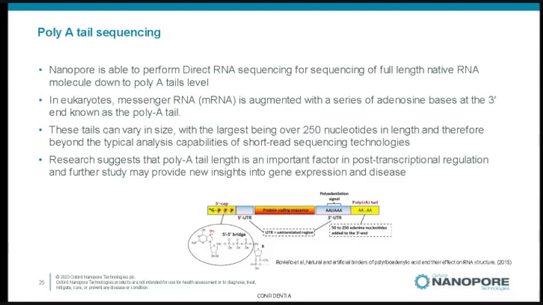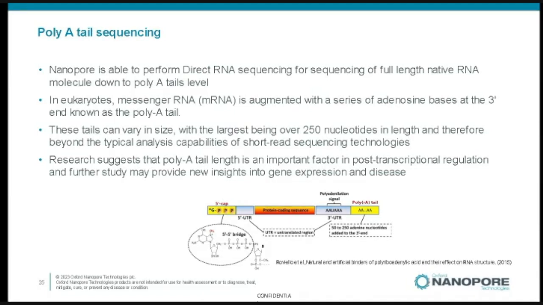In eukaryotes, messenger RNA, mRNA, is augmented with a series of adenine bases at the 3' end, known as the poly-A tail. These tails can vary in size, with the largest being over 250 nucleotides in length, and therefore beyond the analysis capability of short-read sequencing technologies.